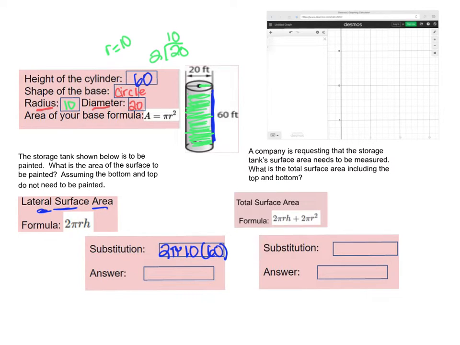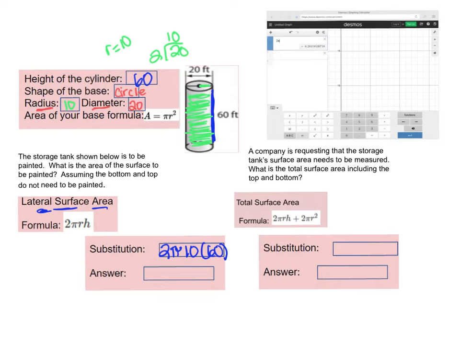So now we're going to go over to our calculator. I have my Desmos calculator over here. It's kind of small, but you can see it. I'm going to type in a 2, and I can either type in the word pi, and it will change it to pi. It's kind of cool and nifty, just an option.